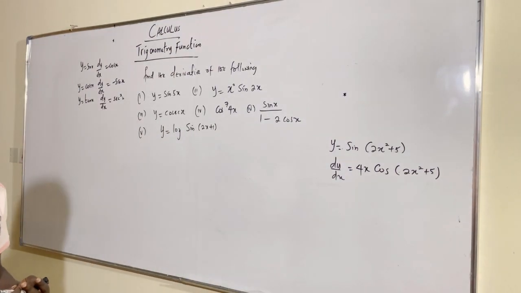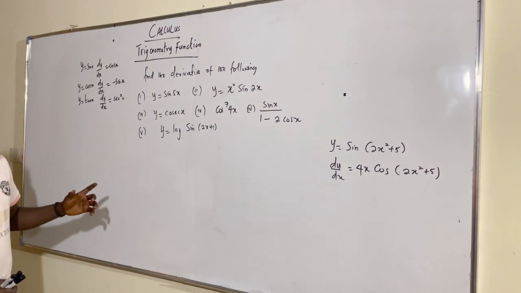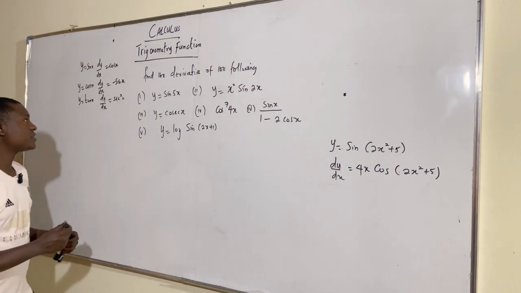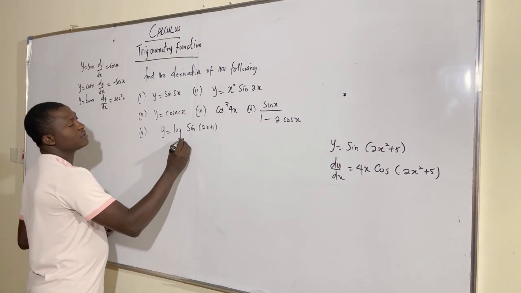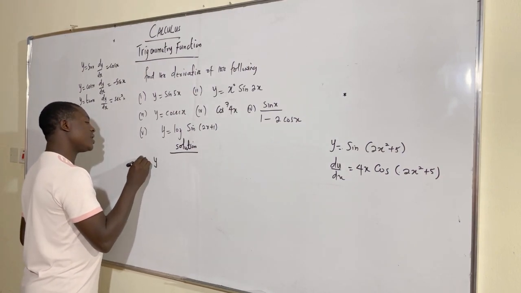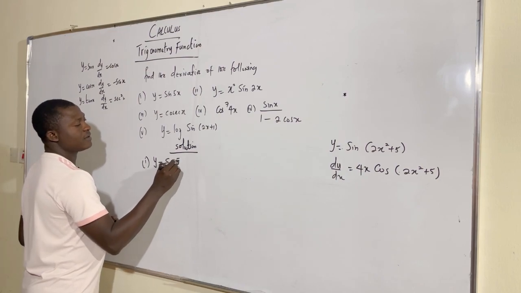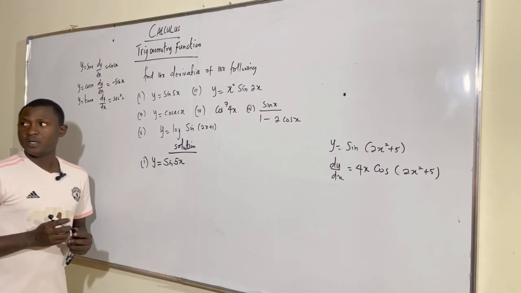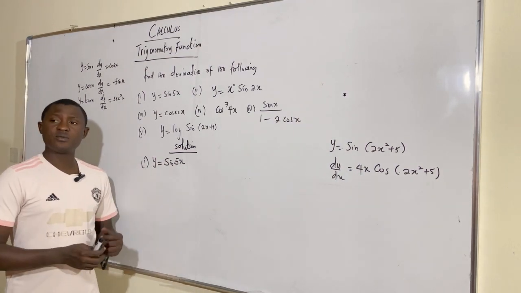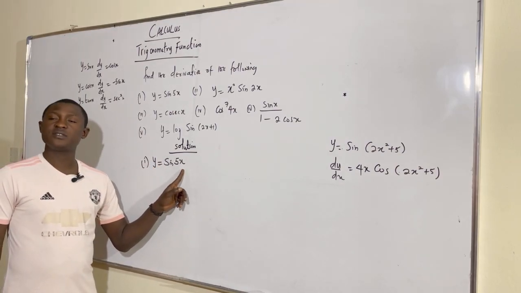Now, in the first problem, we have y is equal to sine 5x. This one too is a simple approach, just like what you did here.